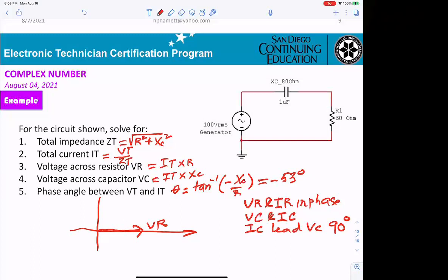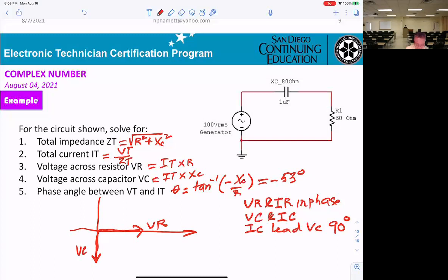VC going down. Okay, and now you can get the figure. That is VR, and that is VC, and that is V total.